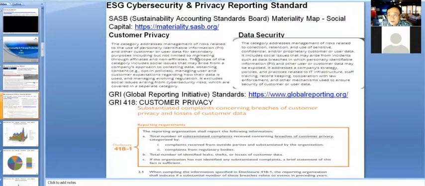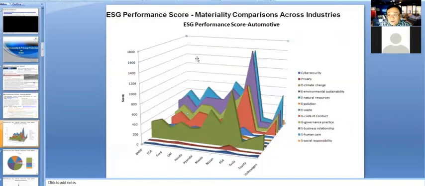Here is something I analyzed for several industries, about how they consider cybersecurity and privacy issues among other ESG matters.